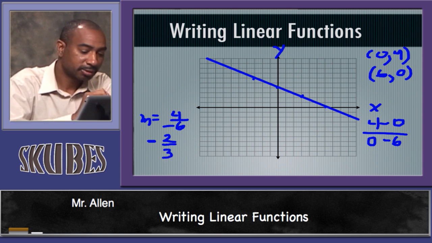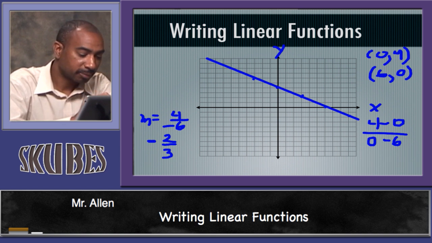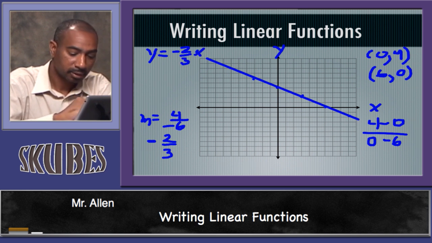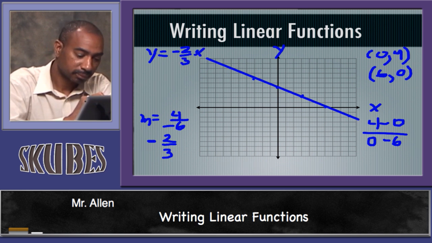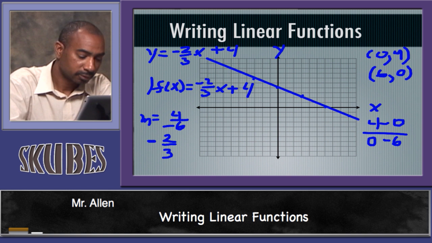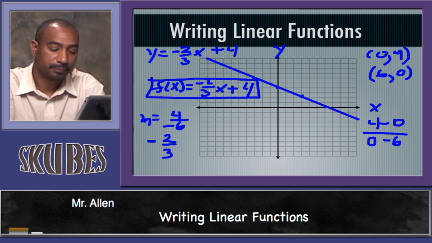So if you have that information, you're going to say that this line is going to be y equals negative 2/3 x. And I'm going to say plus 4. In function form, I can just simply say f of x equals negative 2/3 x plus 4. And this function represents that line.